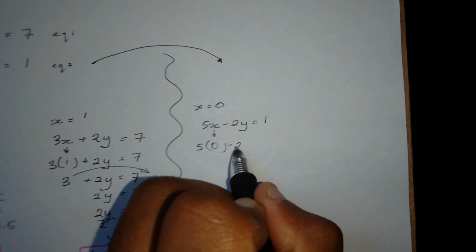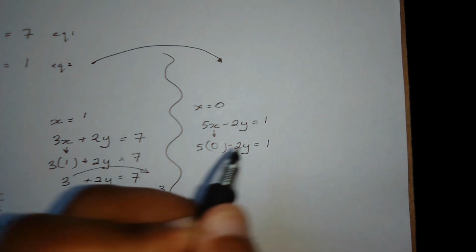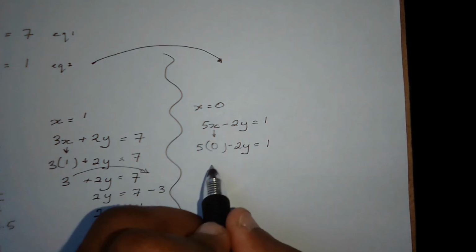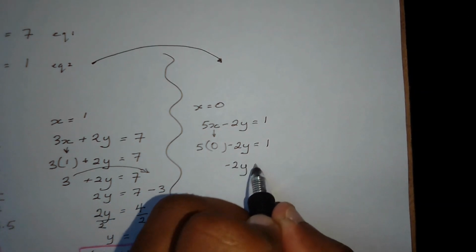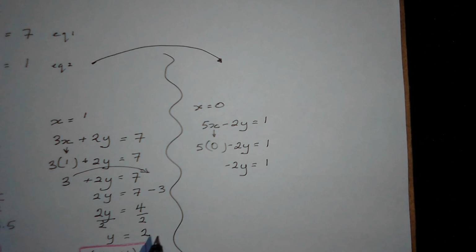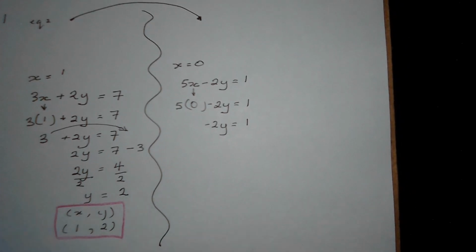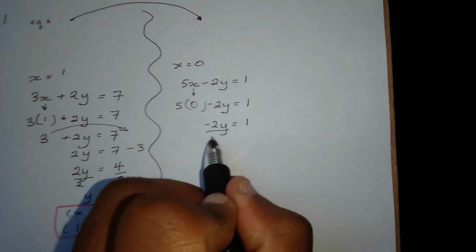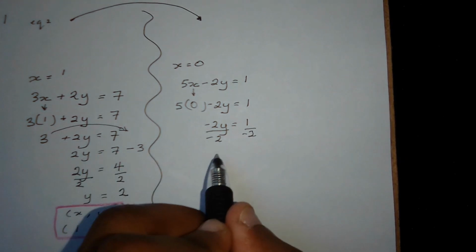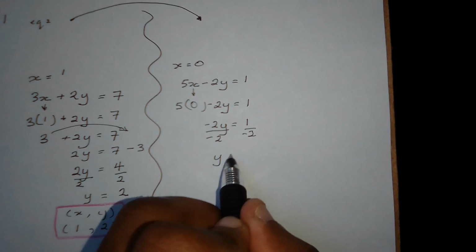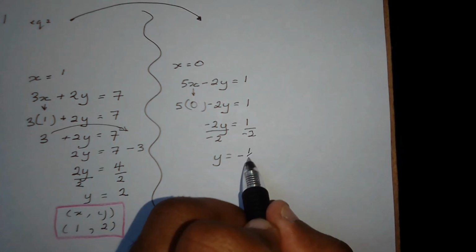I'm going to put back everything before it and solve. 5 times 0, that's 0. So I'm going to have minus 2y is equal to 1. And to get y on its own, I have to divide both sides by not 2, but negative 2. This will cancel, leaving me y is equal to negative a half.